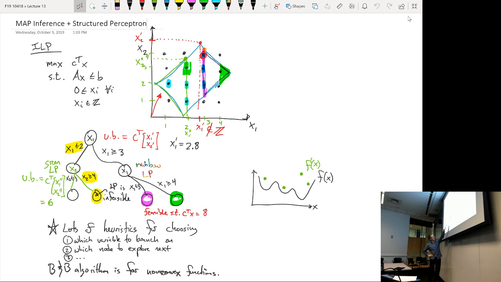A feasible solution tells us that we already know that we can do at least as good as 8. So once we have this feasible solution with value 8, we can say, well, 8 is higher than 6, and so we don't need to look at anything in that green subtree anymore.